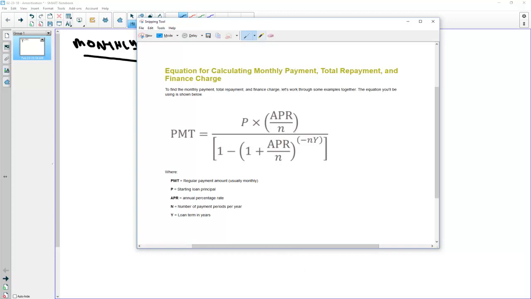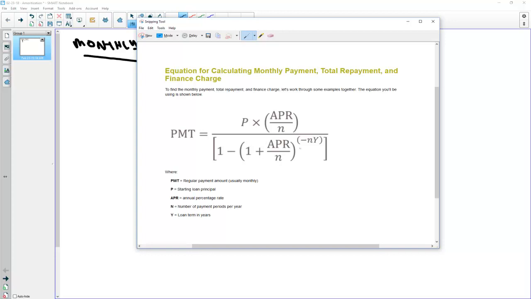We're actually just going to talk about the monthly payment portion, because that's kind of the hardest part. All the other stuff's easy. You just multiply by the number of payments you make and then subtract the principal out. But this formula right here is kind of the big crux of everything.